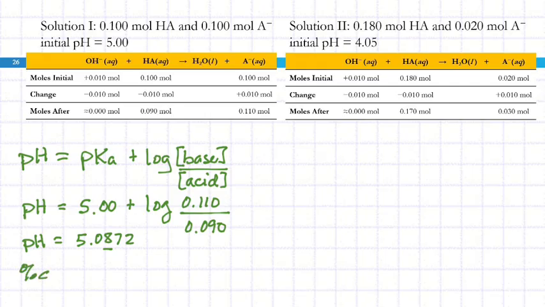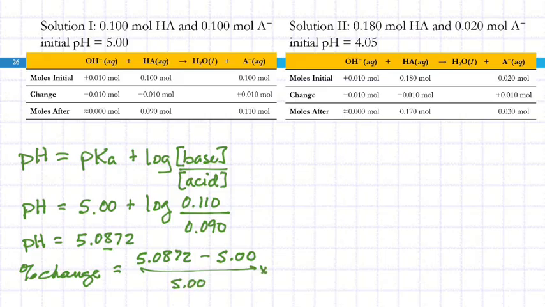So percent change will equal our final pH, 5.0872, minus our initial pH, 5.0, divided by the initial pH, times 100.